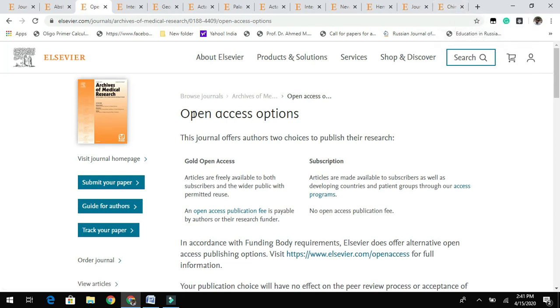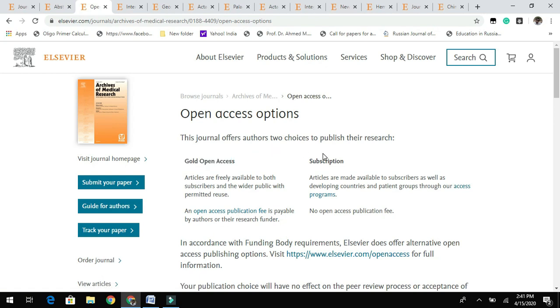So this journal, please listen carefully, this journal supports two kinds of open access options. One is gold open access, where articles are freely available for both subscribers and public, and this open access publication fee is payable by author or their research funding agencies.